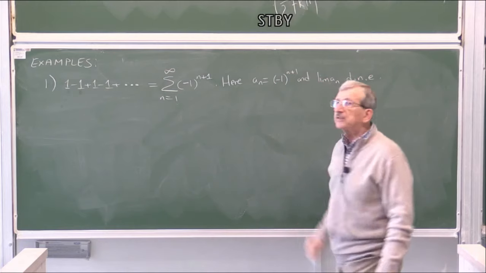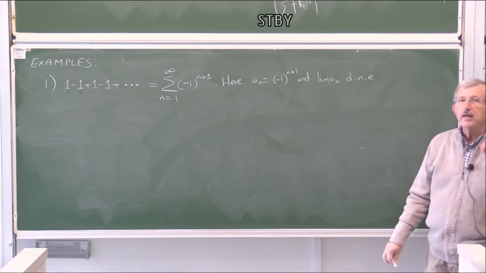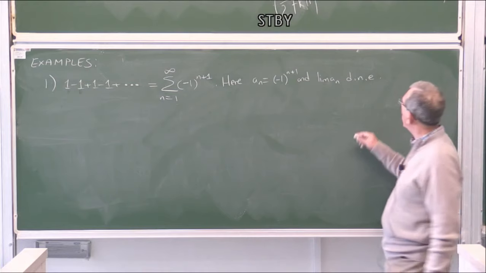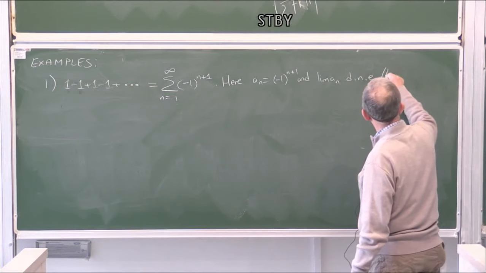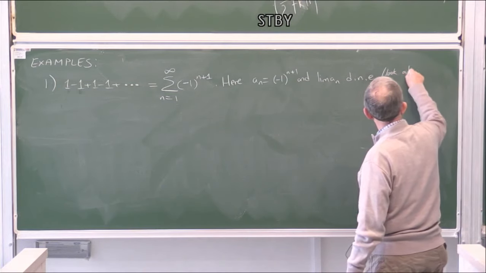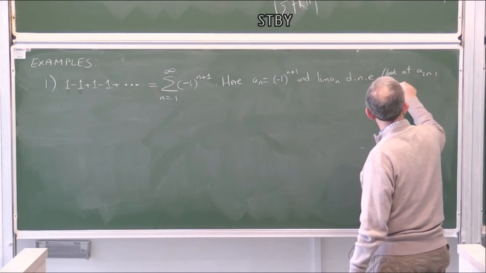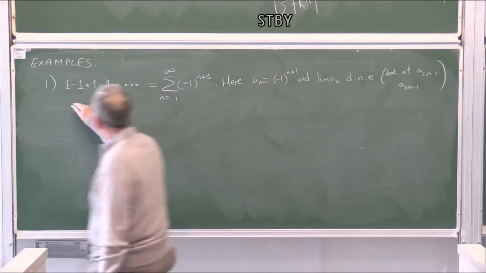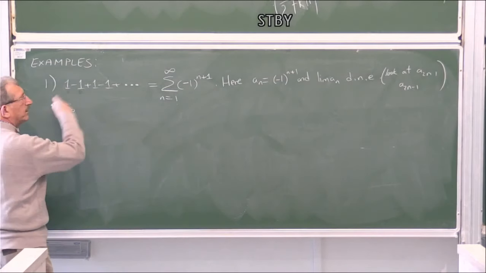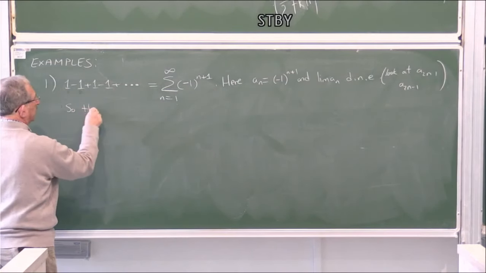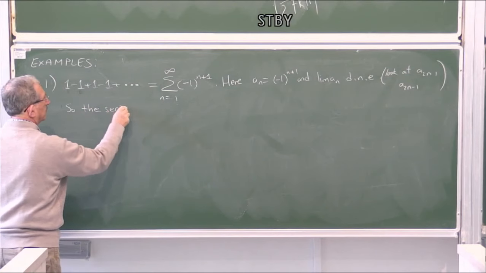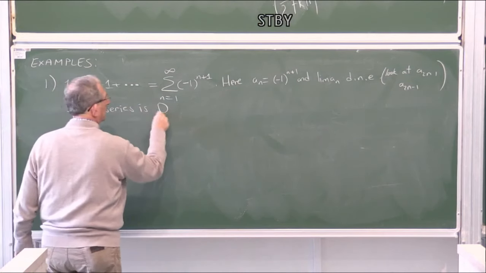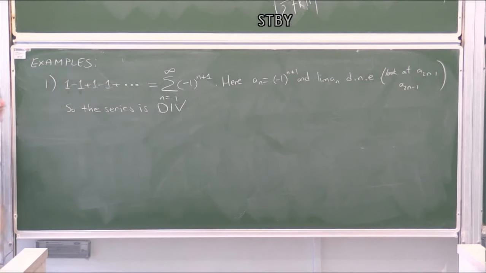We showed this by looking at a_{2n} and a_{2n+1}. So the infinite sum, or the series, is divergent, because a_n does not converge to 0.